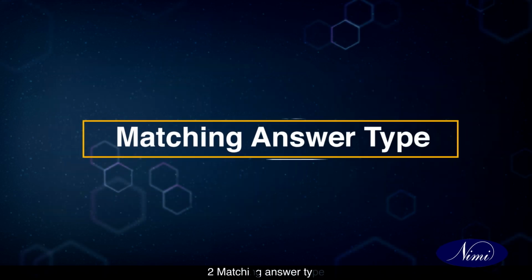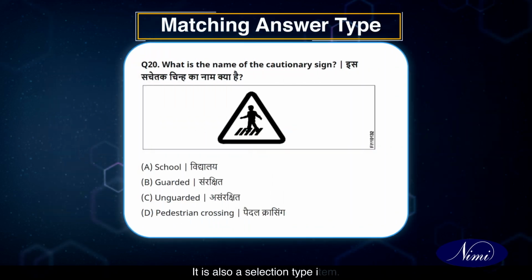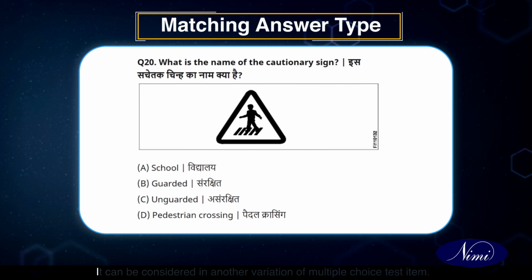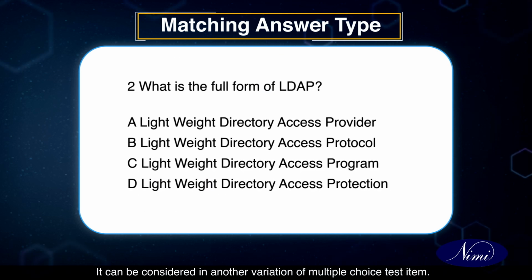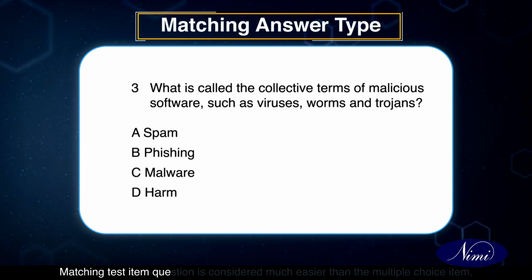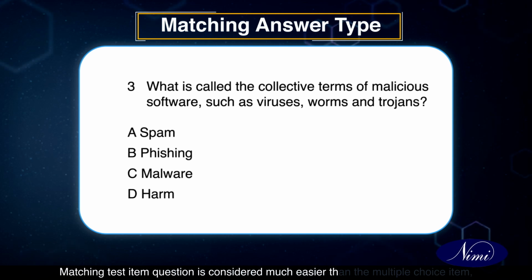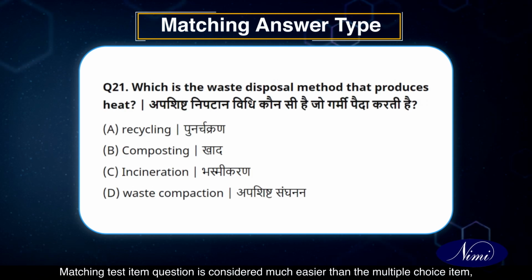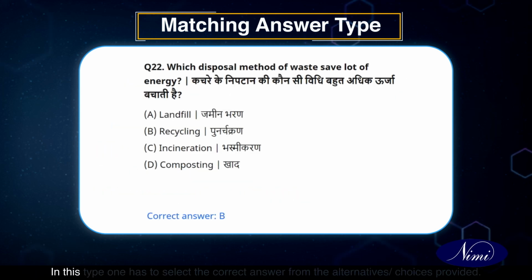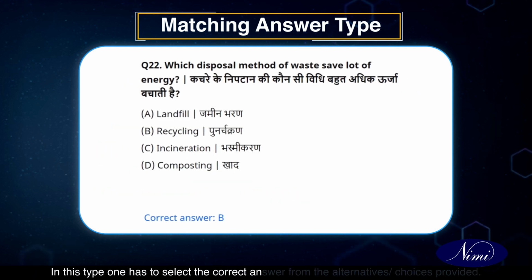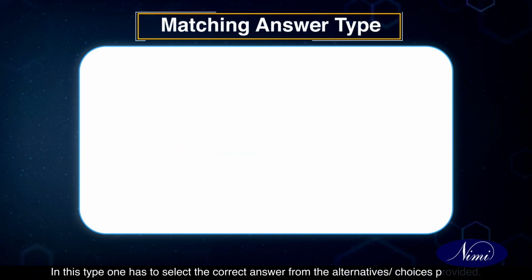Matching answer type. It is also a selection type item. It can be considered another variation of the multiple choice test item. Matching test item is considered much easier than the multiple choice item because there are no distractor answers. In this type, one has to select the correct answer from the alternative choices provided.